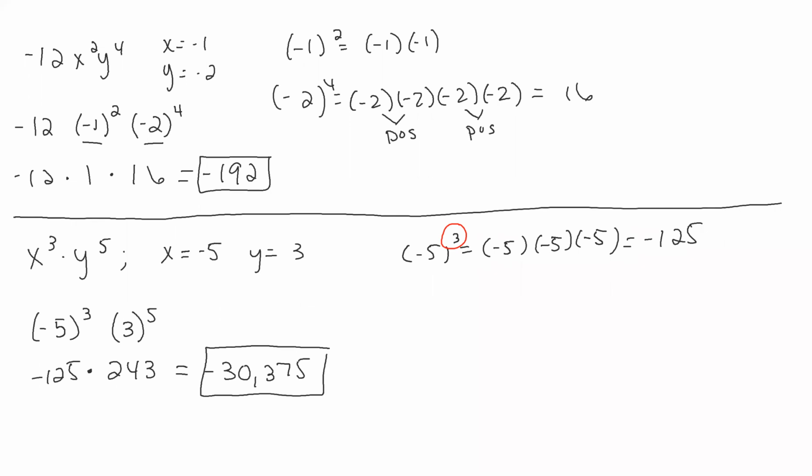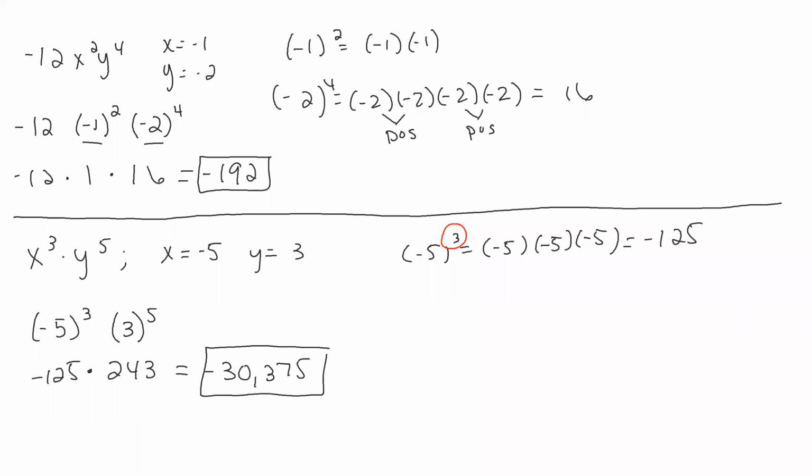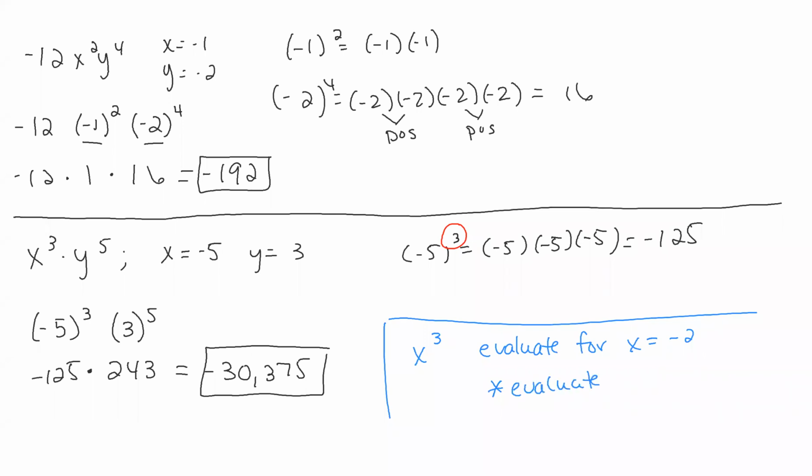Okay, so again, it all kind of comes back to this understanding of negative bases. So when you have a base that's negative, it's either in parentheses or it isn't. Okay, and one thing I do want to be clear is in an example like this, let me do it in blue so we can kind of see. If I have x to the third and I want to evaluate for x is -2, we evaluate using parentheses.